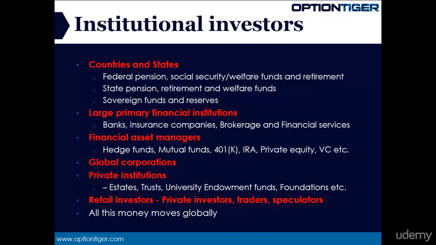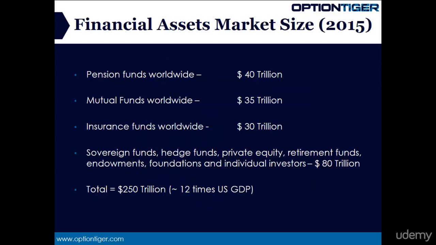Next, let's get a feel for the numbers. This is what it looks like in 2015. Just pension funds worldwide have about $40 trillion. Mutual funds have another 35 trillion. Insurance funds, 30 trillion. Then you have all the other institutional investors, sovereign funds, hedge funds, private equity, retirement, endowments, and individual investors, about 80 trillion.